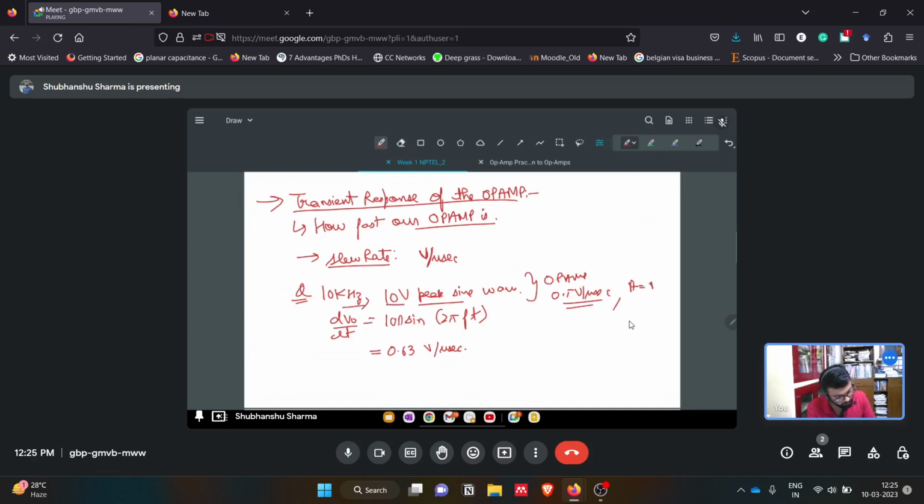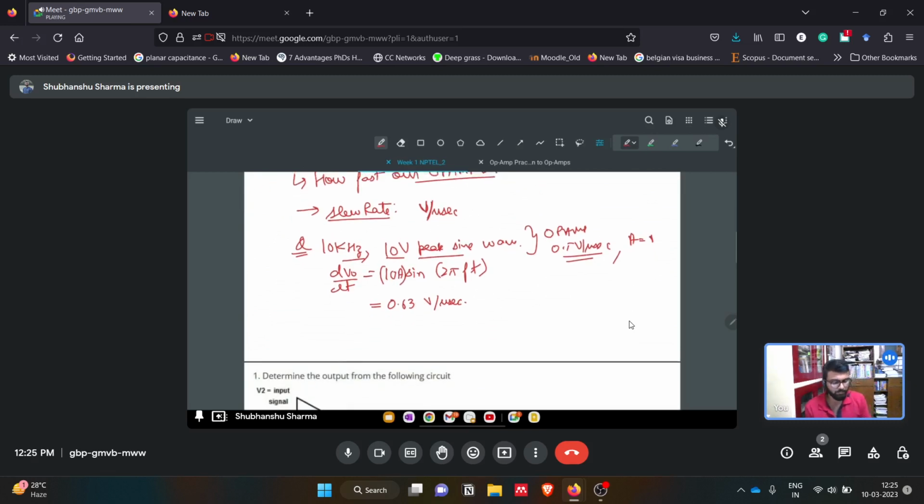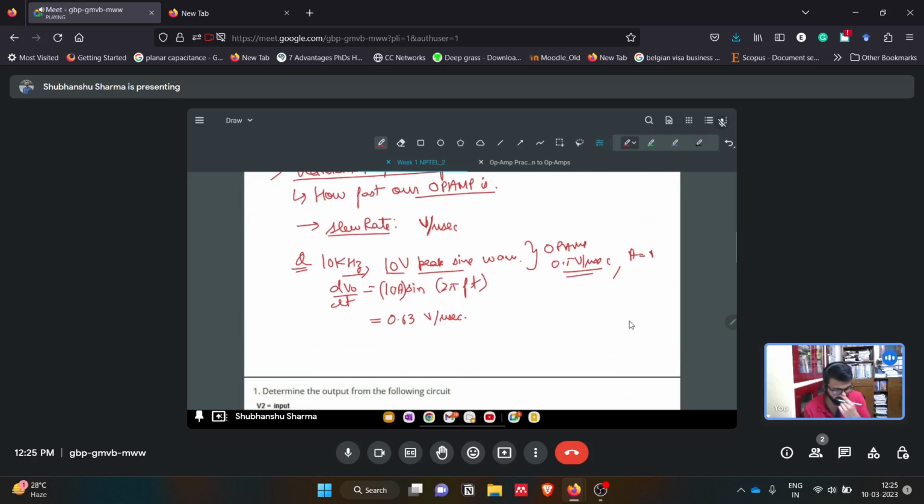So the maximum rate we need is 0.63 volt per microsecond, which means the slew rate this op amp needs is more than what it actually has. Because of that, the output of the op amp will be distorted.